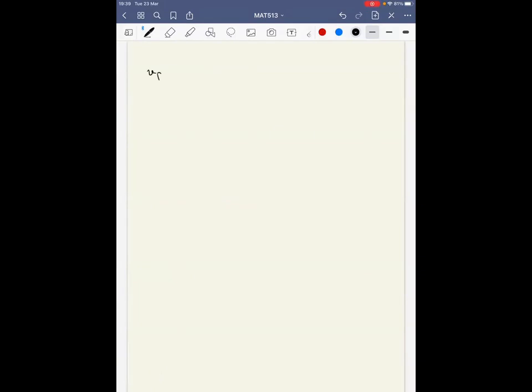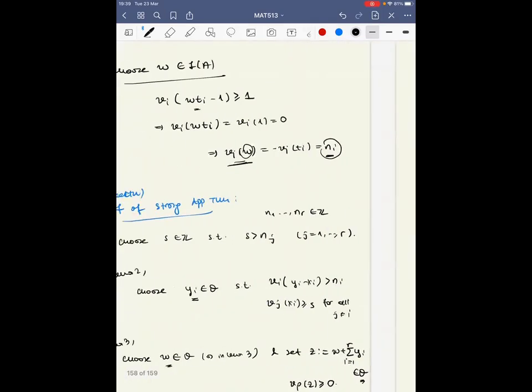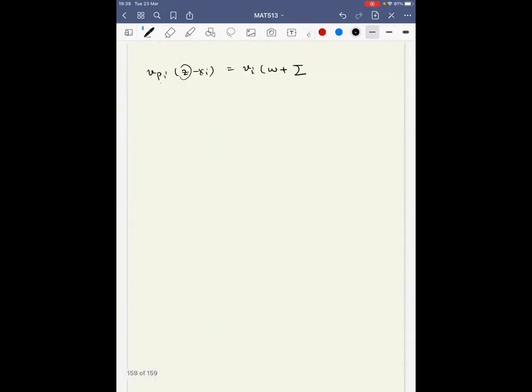And finally, we can check that the difference between z and xi has valuations at pi's or i's. Here we only replace the z by the setting.